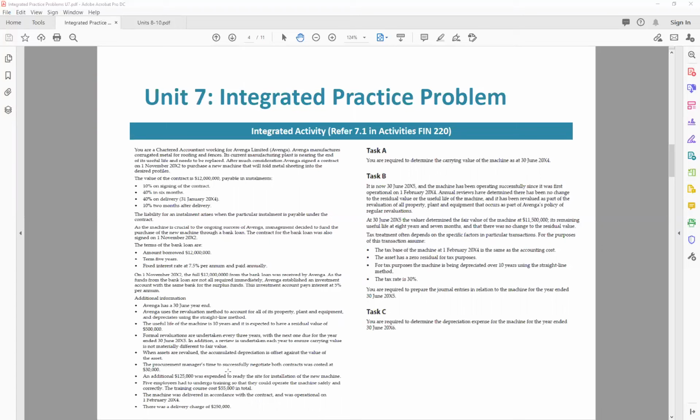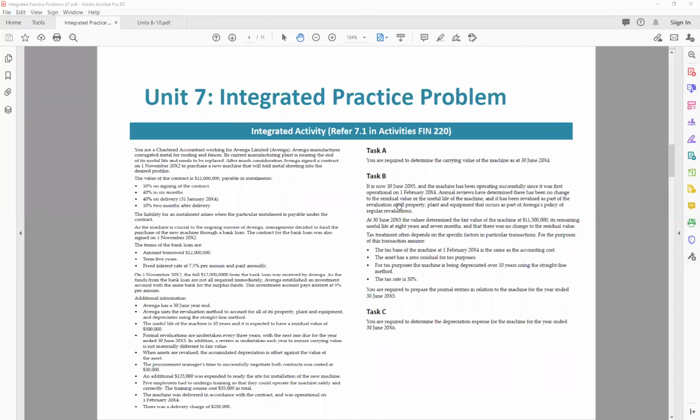The procurement time of the manager's salary was estimated as 30,000. An additional 125,000 was expended for installation. Some employees had to undergo training. The machine was delivered on the February X4. There was a delivery charge of 250,000.